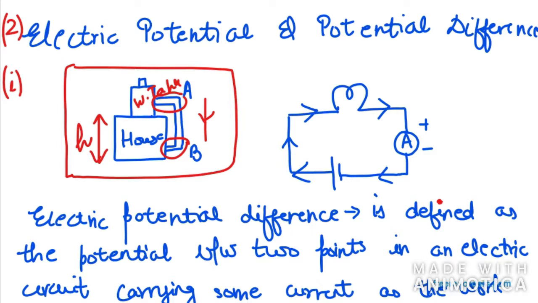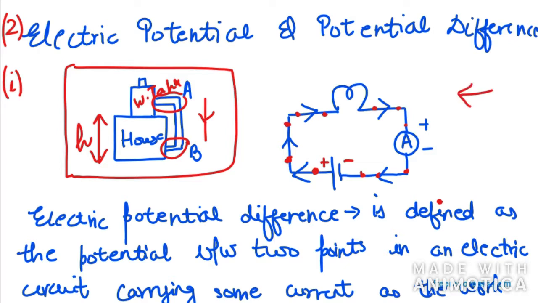Now similarly with the case of an electrical circuit. In this case we have a cell, where one terminal is at positive potential and another is at negative potential. Therefore these electrons flow through this electrical circuit. If there won't be any potential difference caused by this cell, then there won't be any flow of electric current through this electric circuit.